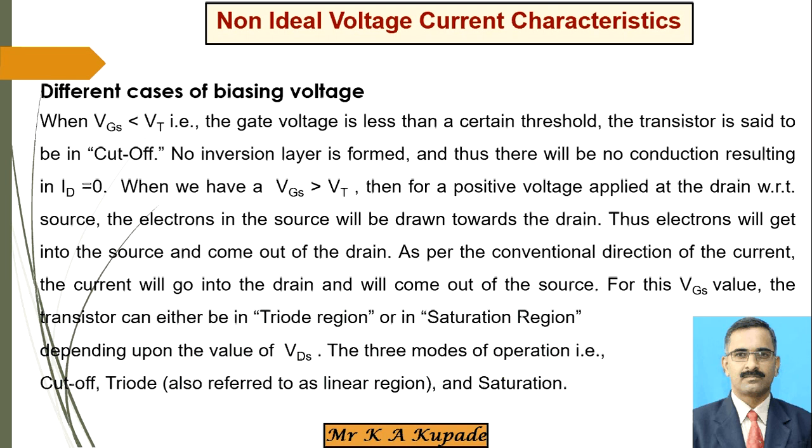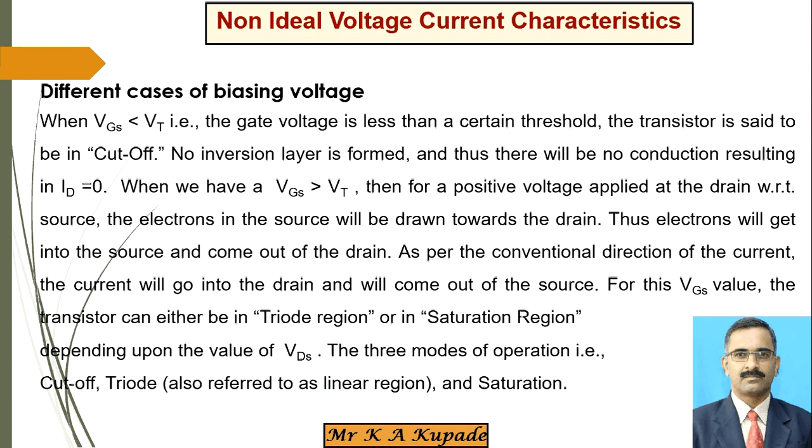Why? Because the inversion layer is formed, and through the channel having the inversion layer, electrons flow towards the drain terminal, and due to that the conventional current flows from the drain to source. This situation happens due to your gate voltage.